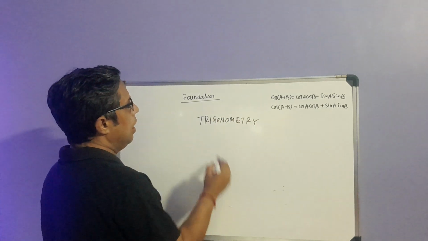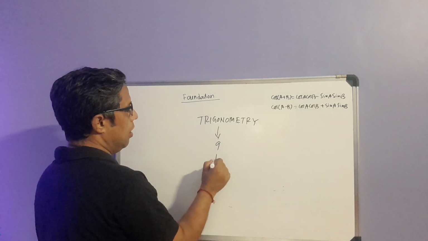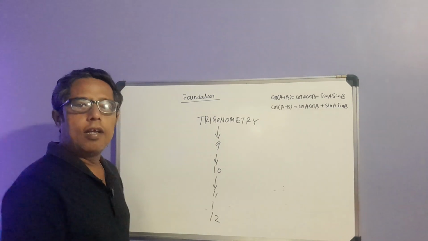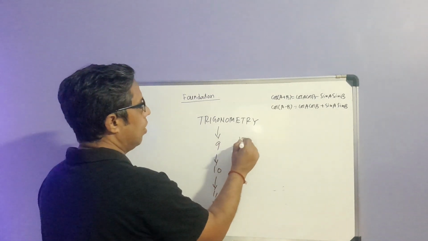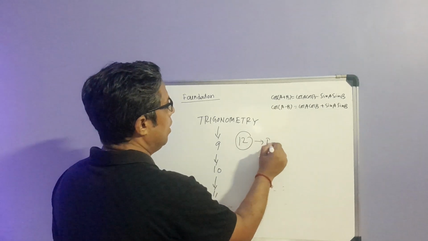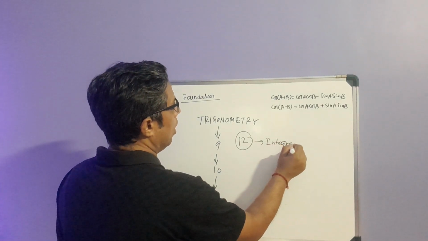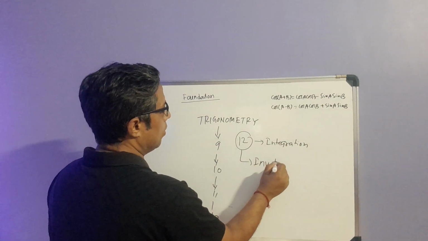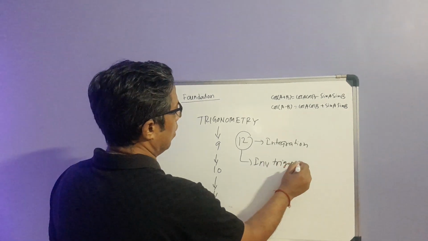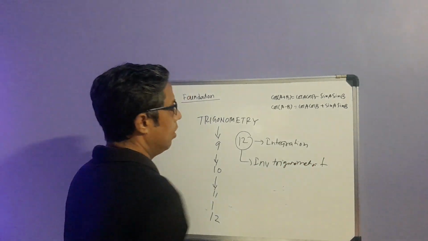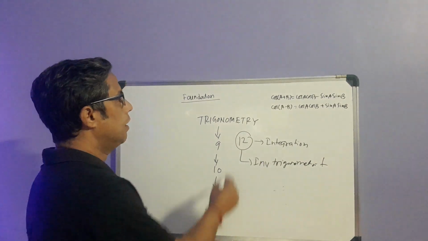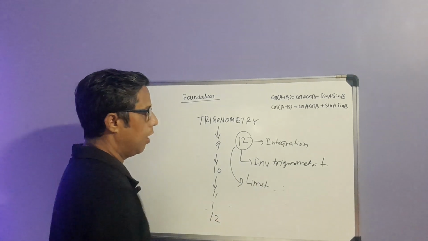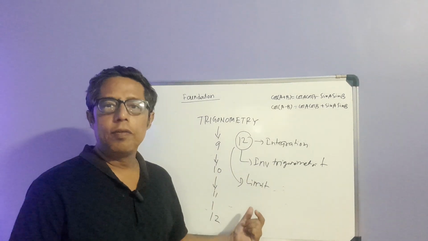It starts in class 9, then class 10, then class 11, and again in class 12. In class 12, where is it? It is in integration, in inverse trigonometric functions, in differentiation, and in limits. In limits, we have lots of numericals where we need the help of trigonometry.